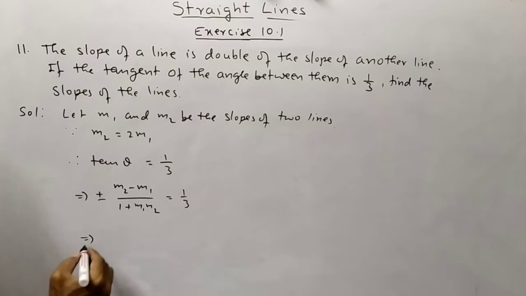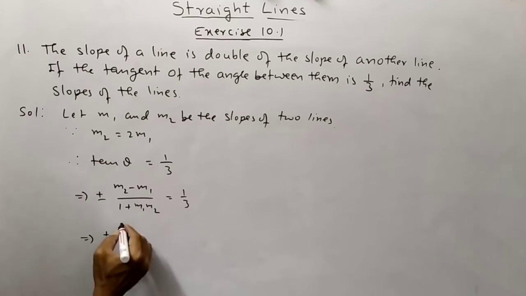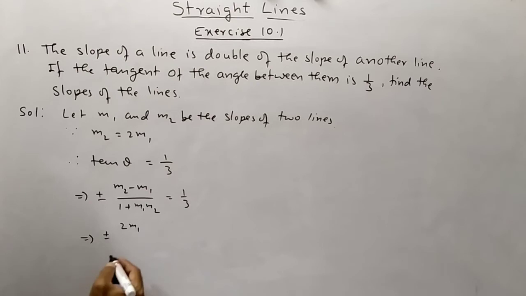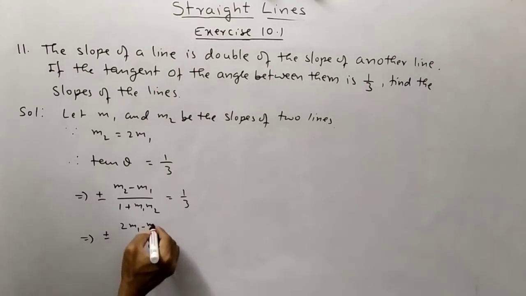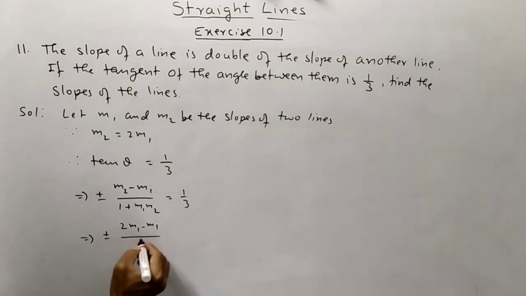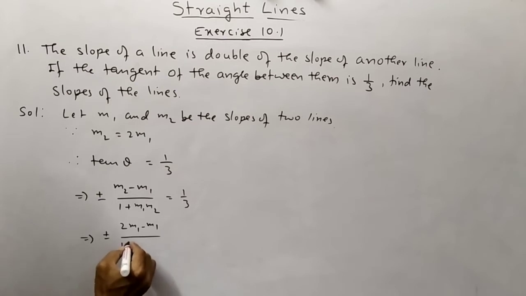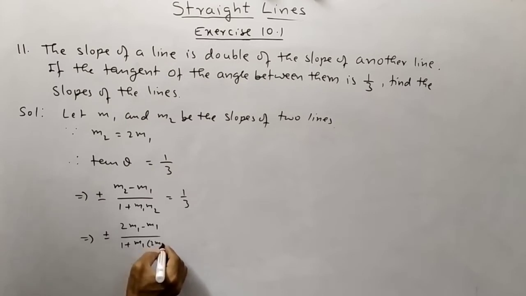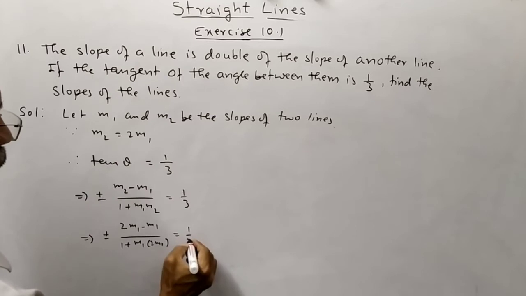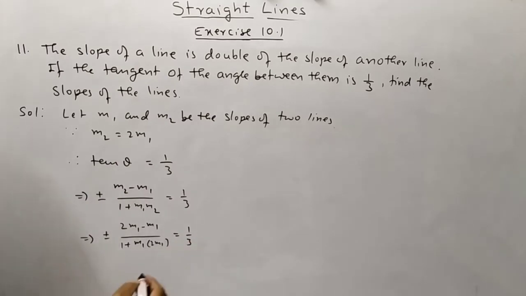This implies plus or minus, what is m2? 2m1, so (2m1 minus m1) divided by (1 plus m1 into 2m1) is equal to 1 by 3.